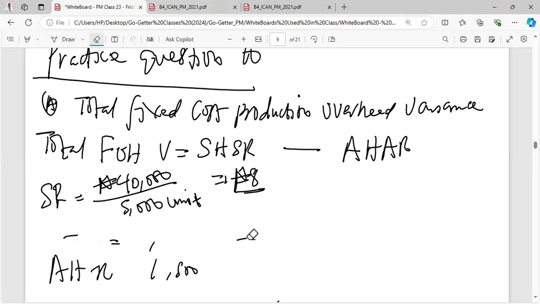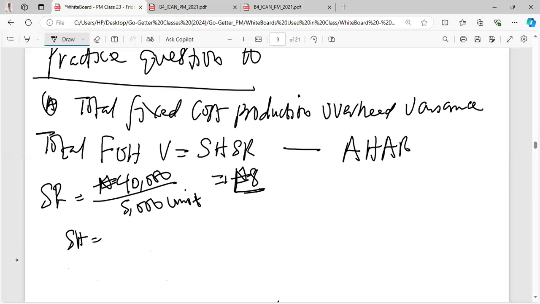The standard rate is 8 naira. Now, whenever you see standard, we need to apply the standard to the actual level of activity. So what we just did was the standard rate. We'll come back and do your standard hours.